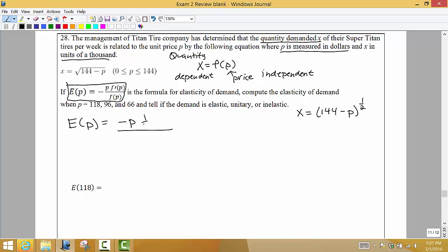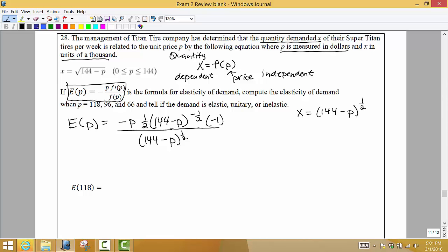That would be 1/2 times the inside function as is, then I reduce that power by 1, which gives me a negative 1/2 for that power, and I multiply by the derivative of the inside. Be careful here: the derivative of negative P is negative 1. And that is divided by, according to our formula, the original function. So I divide that by 144 minus P raised to the positive 1/2 power.